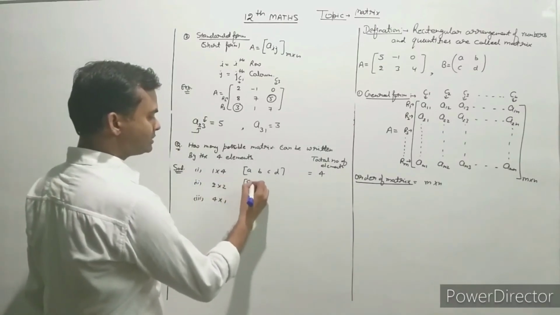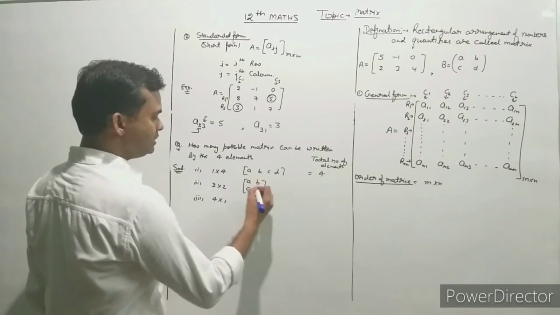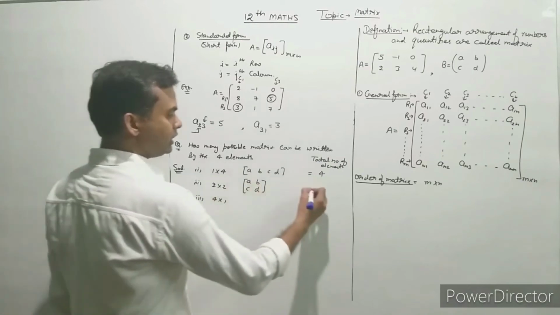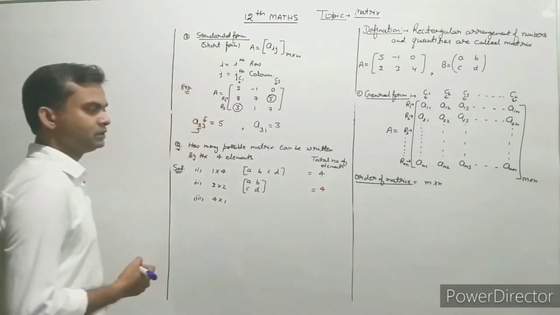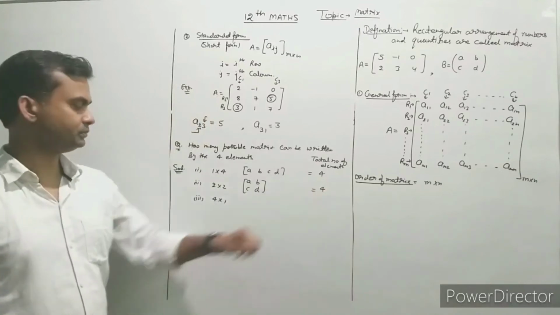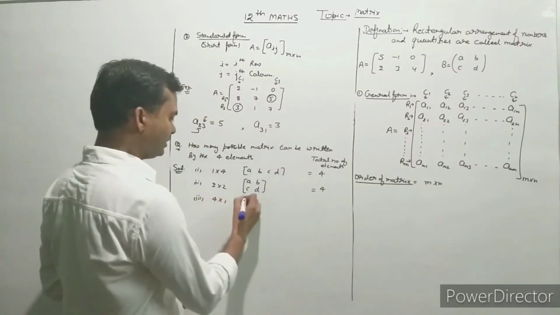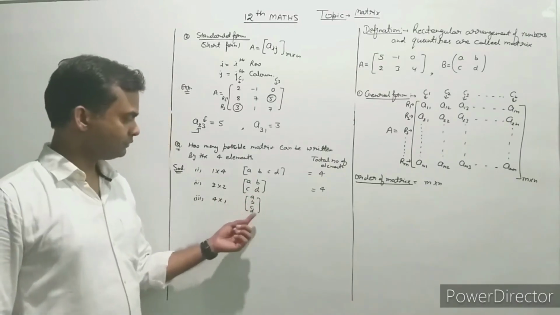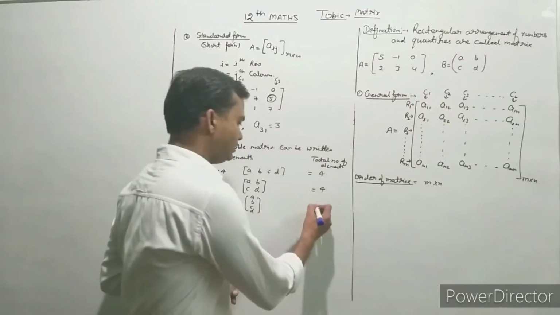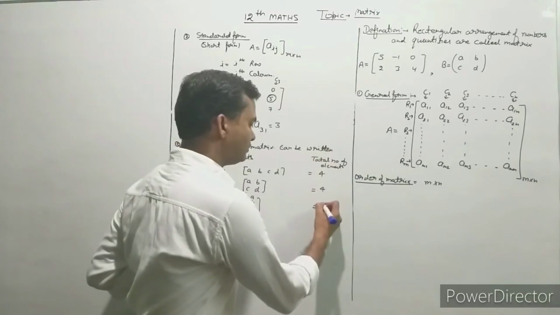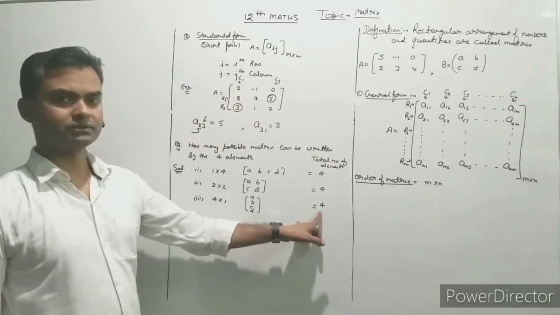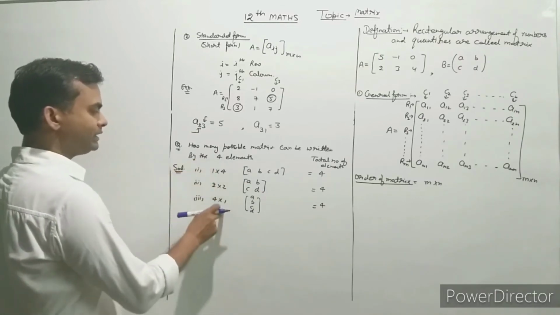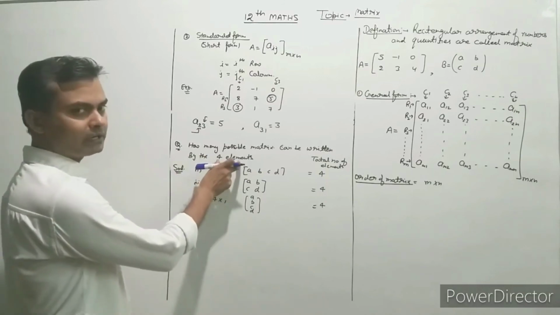It means the matrix can be written as A, B, C, D, and in this matrix there are 2 rows and 2 columns, and the total number of elements is also 4. And now see 4 by 1. It means A, B, C, D. There are 4 rows and a single column, and in this matrix also the total number of elements is 4. So we can write these 3 possible matrices with 4 elements.